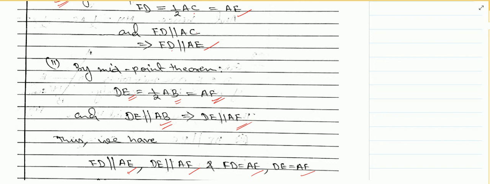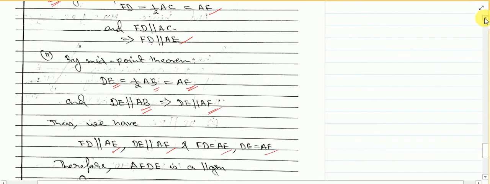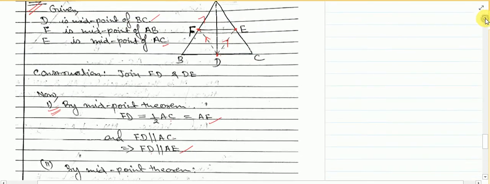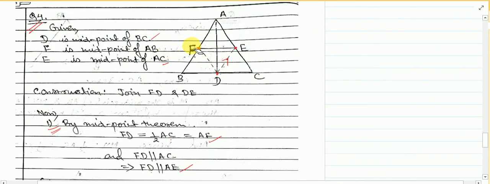What is happening actually, I'll just draw this. Here we are getting that this is parallel to this, this one is parallel to this, and FD is equal to AE and DE is equal to AF.